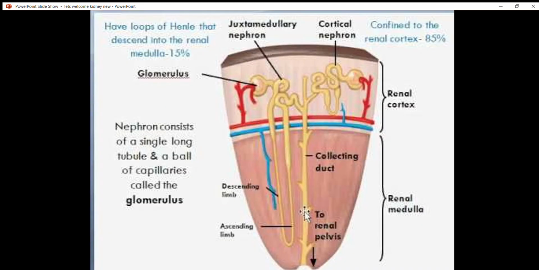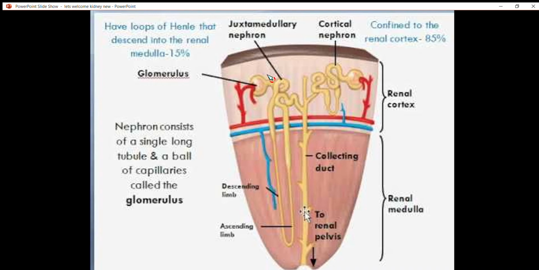So again, this is a diagram of the nephron. You can see this is your renal cortex. The cortex is a thin portion compared to the medulla, which is quite thick. Here you see the nephron. This is your afferent arteriole, this is the Bowman capsule, and this is your proximal tubule, which is dipping down into the medulla.